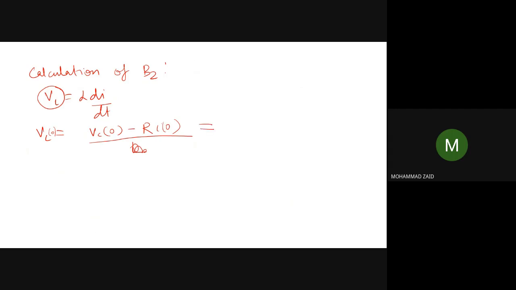That will be equal to, VC0 given in the problem was 2, minus the value of resistance, 2000, multiplied by 0.002. It will come out to be equal to minus 2. Let me check it once again on my calculator. Yes, it is correct. It comes out to be minus 2.